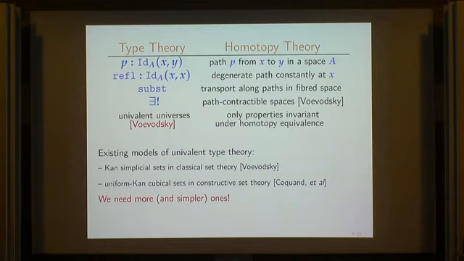One is in classical set theory using complete simplicial sets, which Voevodsky first pointed out. And now we have another one using cubical sets in constructive set theory that he and his collaborators have produced. Actually more than one, but one is slightly nicer behaved than the other.